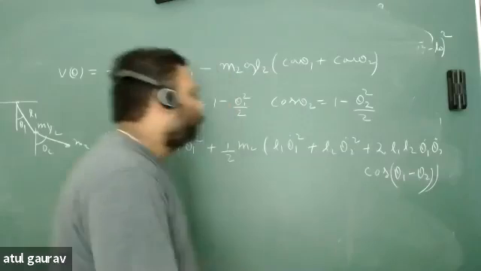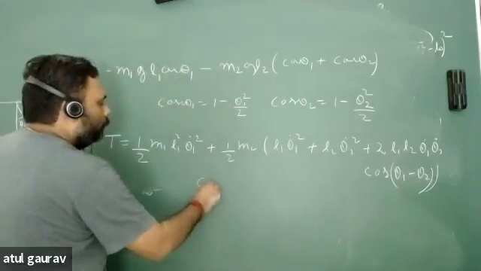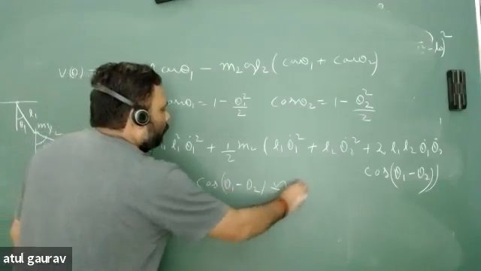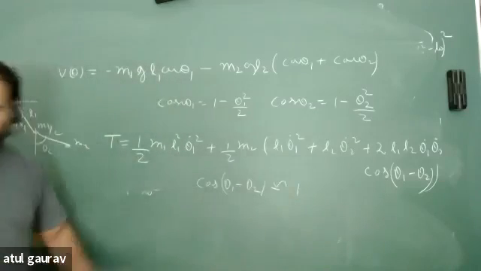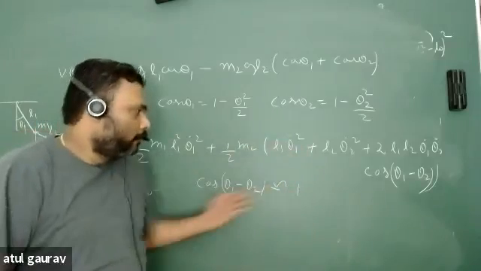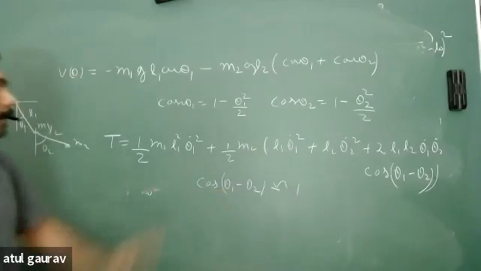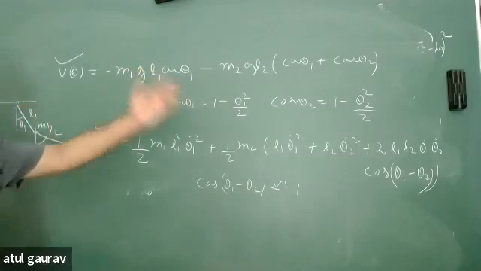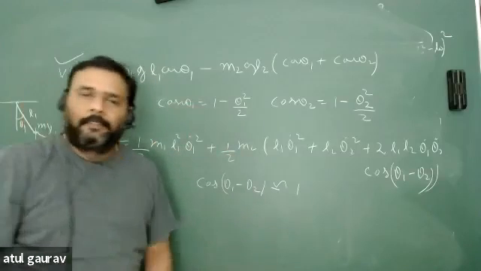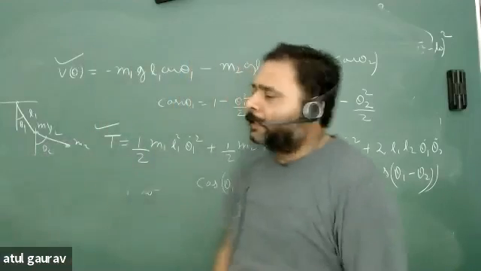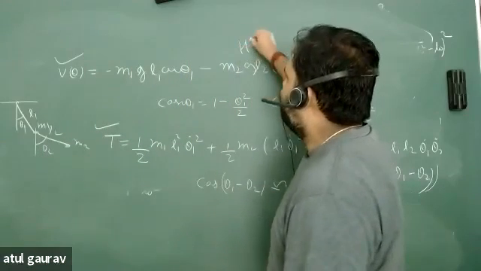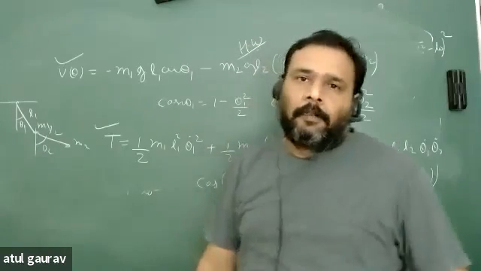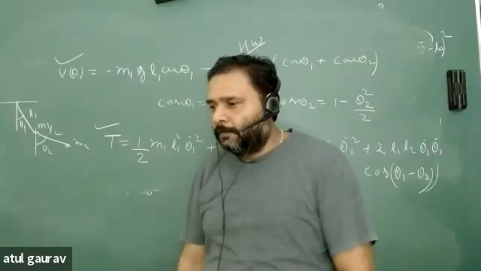Then cos of theta 1 minus theta 2 is approximately equal to 1; we do not go for the theta square term here. Then you have the kinetic energy and the potential energy. You can easily solve it by the matrix method, and this is your homework. This is in the assignment, and this is the toughest problem you can ever encounter in small oscillations.